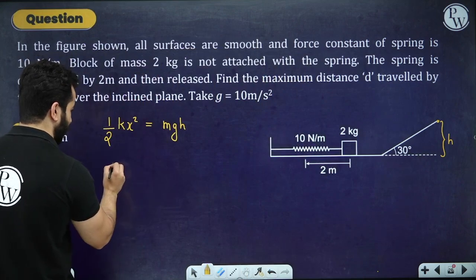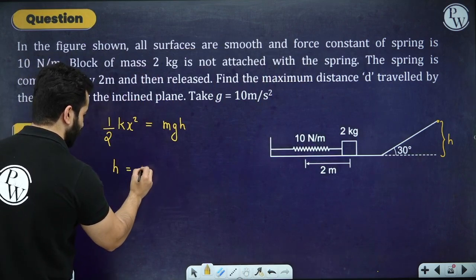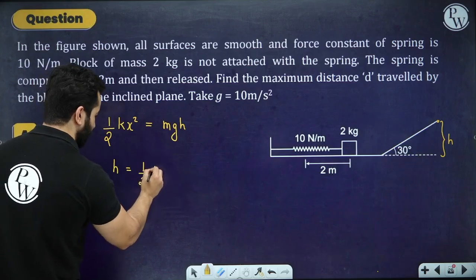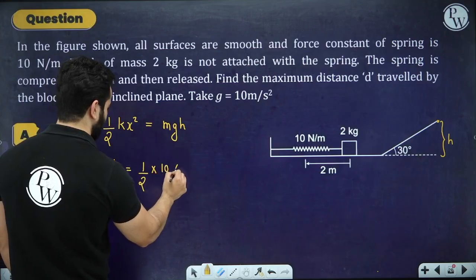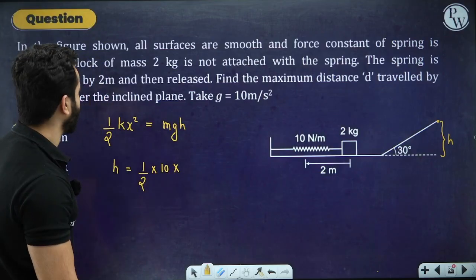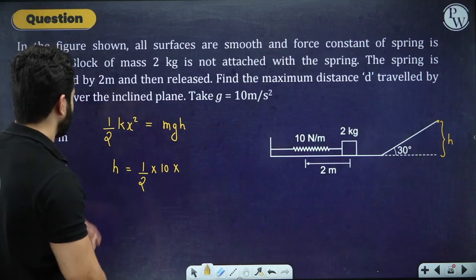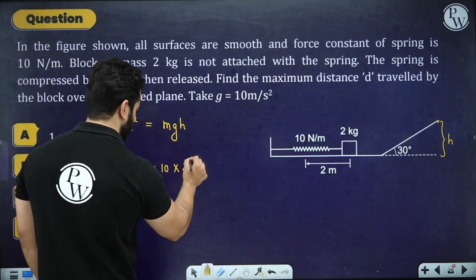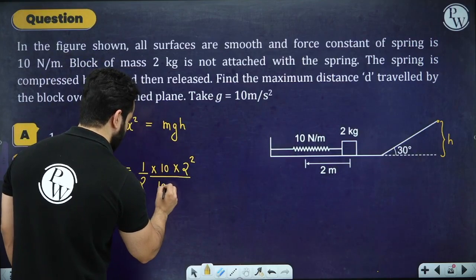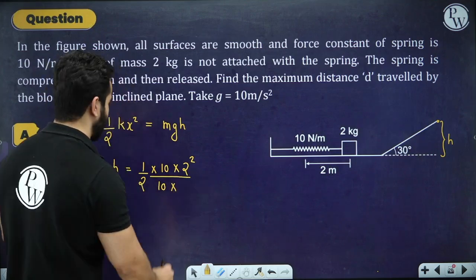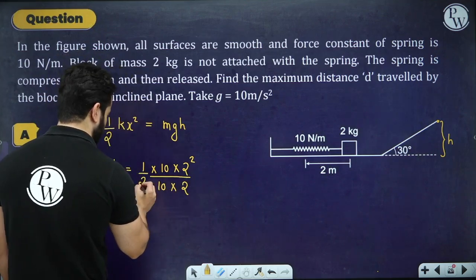So h will be equal to half k, where k is 10 Newton per meter, times x square, and x was 2, divided by g and divided by the mass, that is 2.